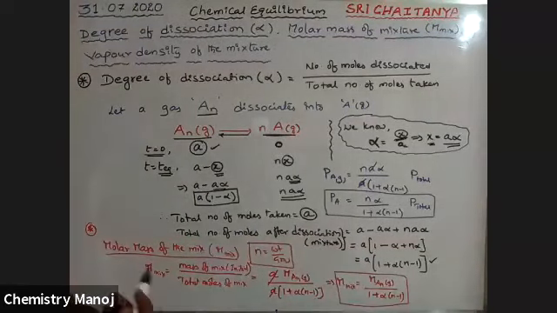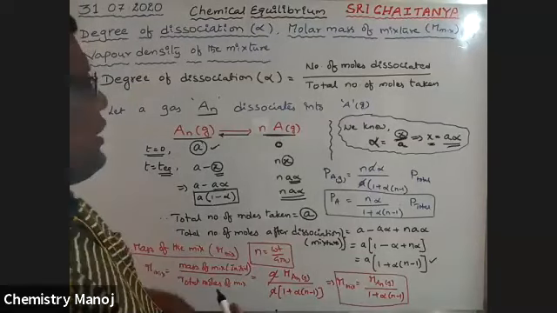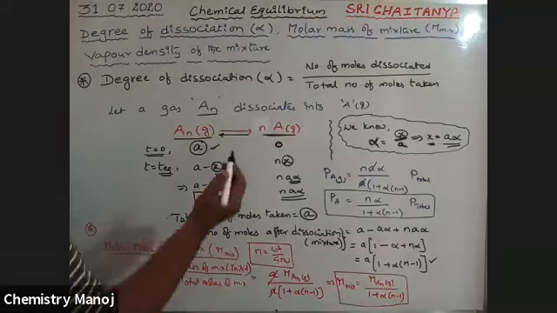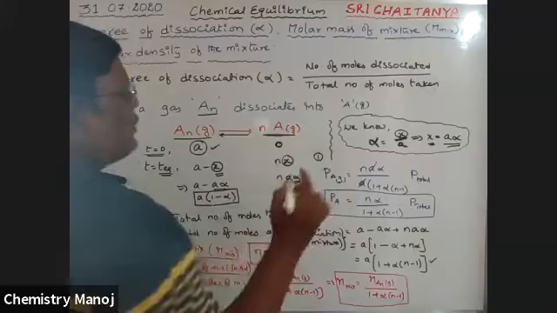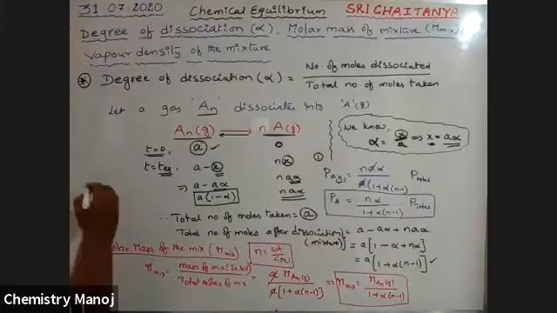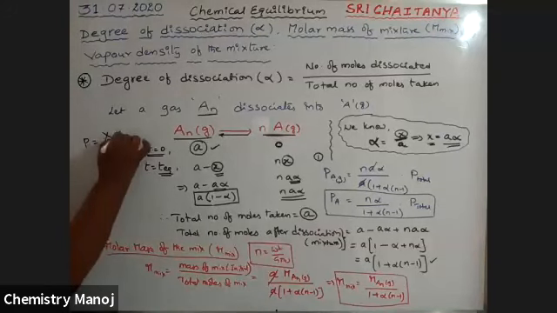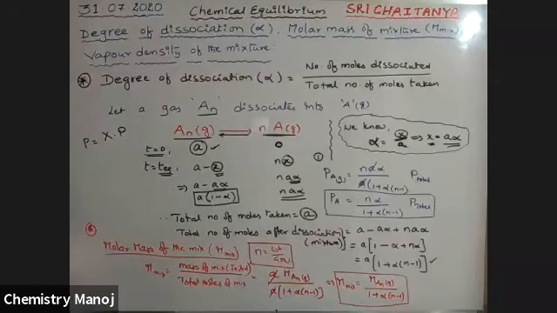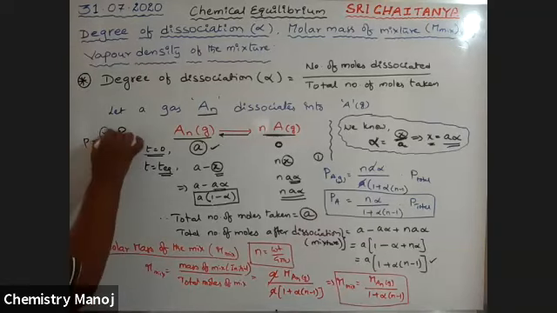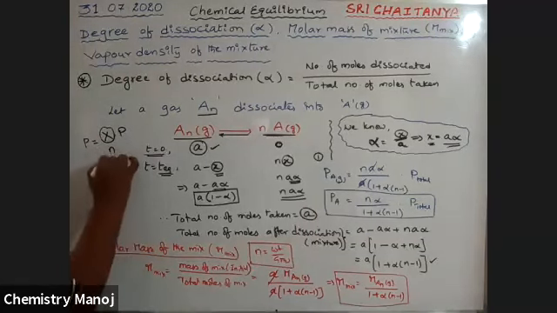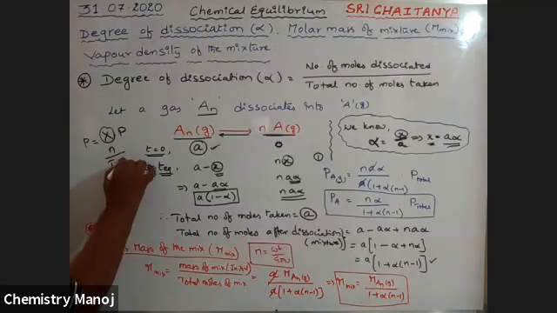Now I am trying to calculate the partial pressure of this reactant. We know partial pressure is equal to mole fraction into total pressure. Mole fraction means the number of moles of that component by the total number of moles.